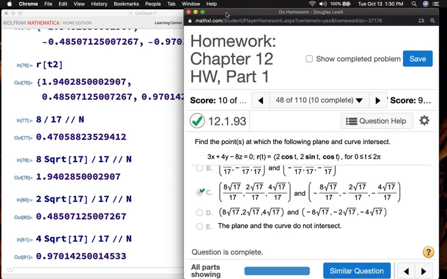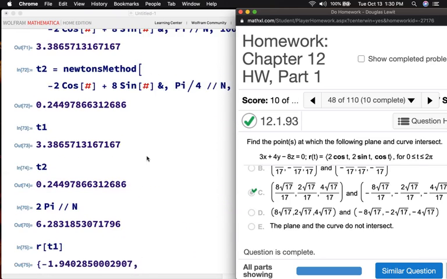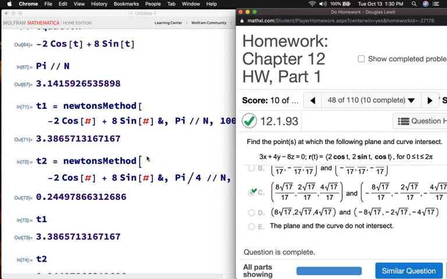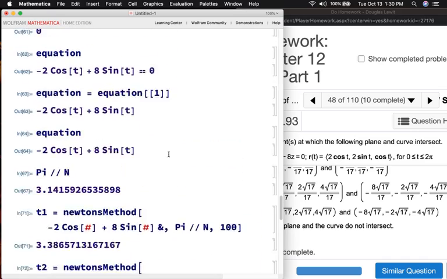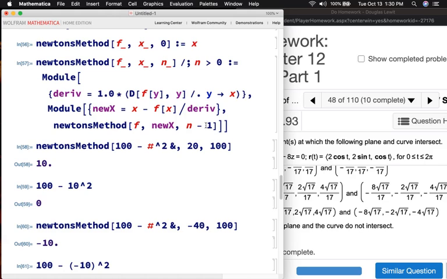Okay? So a problem like this can be a lot of work, but if you understand Newton's method and how to use it in Mathematica, it's really not that terrible. This is Newton's method. Copy it into your Mathematica notebook and please use it, because it can help you solve some very difficult equations.